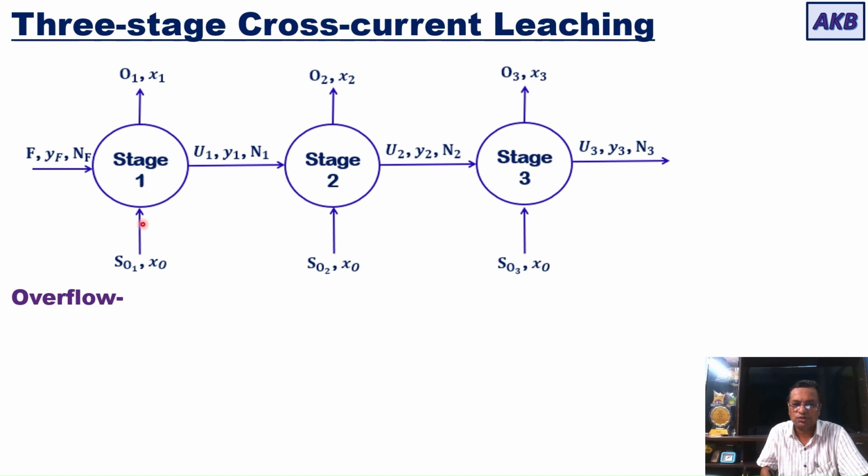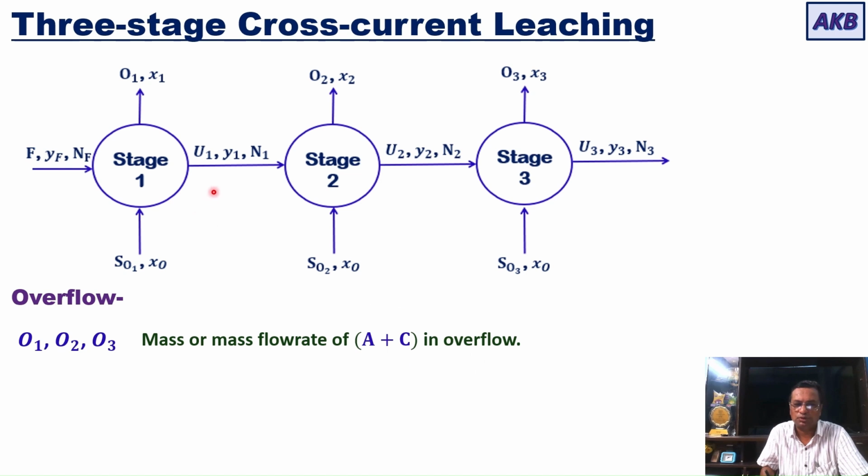Then you have various overflow streams, O1, O2, O3. So O1, O2, O3 represent mass or mass flow rate of A plus C in the overflow that comes out of each of these stages. So O1 from stage 1, O2 from stage 2, O3 from stage 3. Mass if it is a batch operation, mass flow rate if it is a continuous operation.